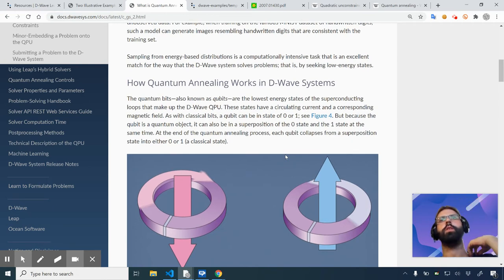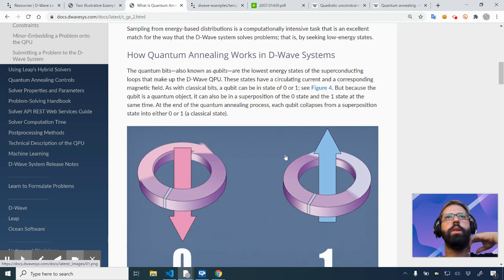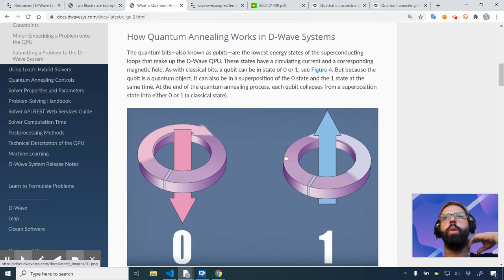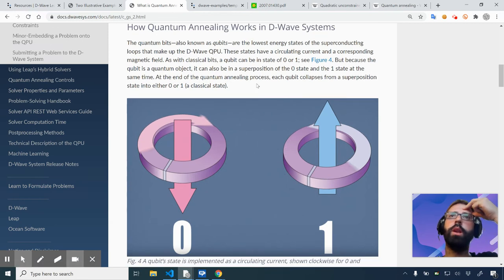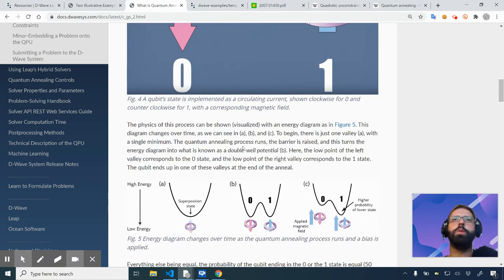These states have a circulating current and a corresponding magnetic field. As with classical bits, a qubit can be in the state 0 or 1, but because the qubit is a quantum object, it can also be in a superposition of the 0 state and the 1 state at the same time. At the end of the quantum annealing process, each qubit collapses from a superposition state into either 0 or 1, a classical state.